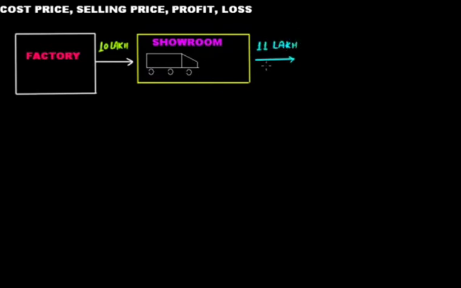And the second condition is you sell it for 9,50,000. This was 11 lakh, this is 10 lakh, and this is 9,50,000.